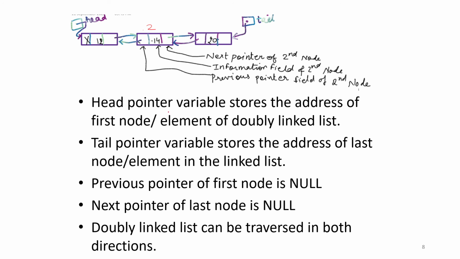Head is a pointer variable which stores the address of the first node in the linked list, and tail is a pointer variable which holds the address of the last node. The previous pointer field for the first node is null and the next pointer field for the last node is null.